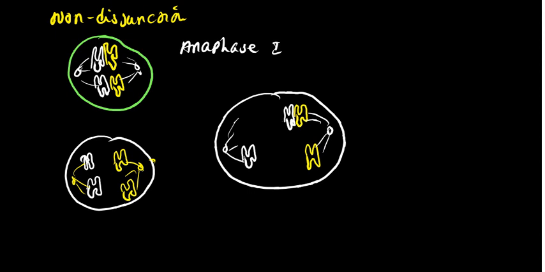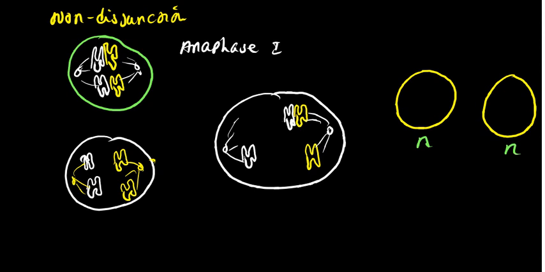At the end of telophase, these two cells are going to be produced. These two cells are coming from the same cell. Quite alright, they have to have a haploid number like that.